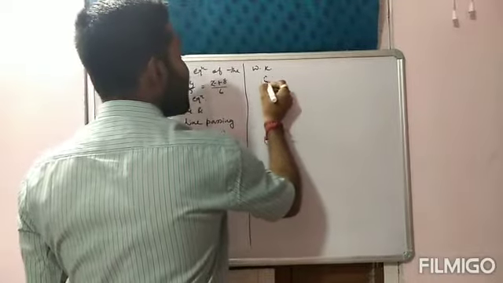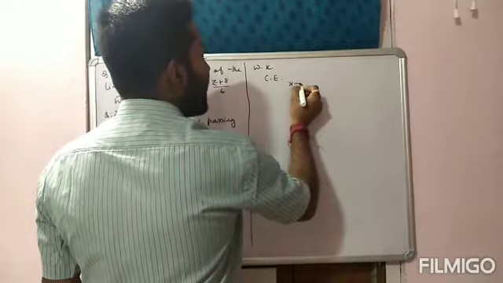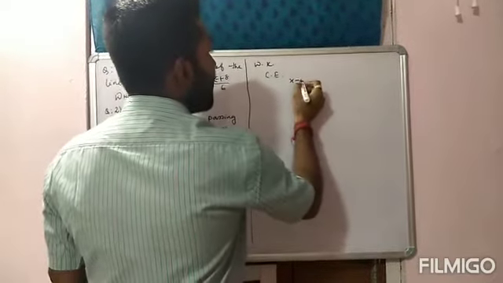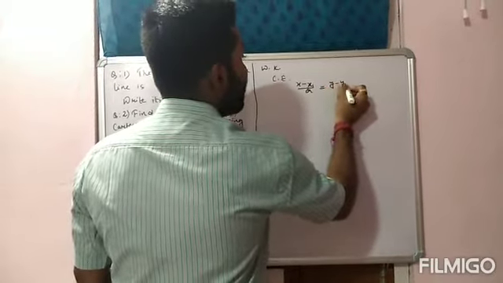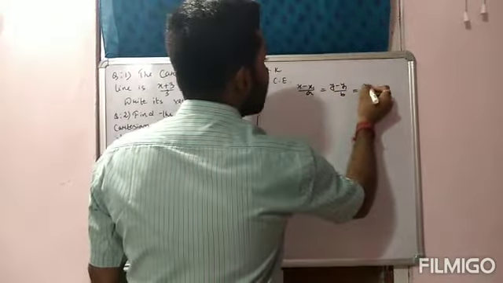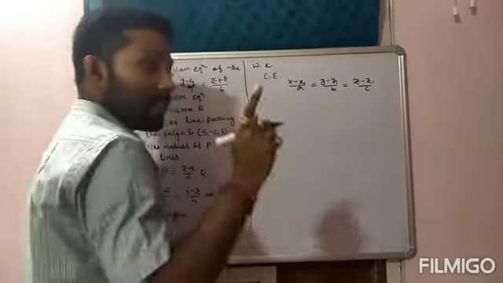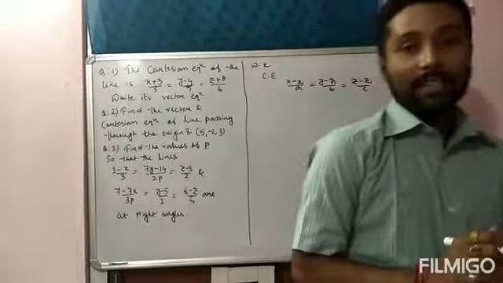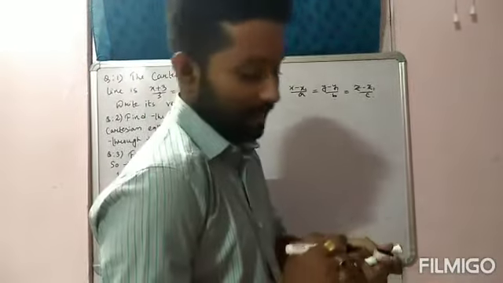We know the Cartesian equation of a line passing through a point is (x minus x1)/a is equal to (y minus y1)/b is equal to (z minus z1)/c. This is the Cartesian equation of a line which is passing through a given point and parallel to a given vector.